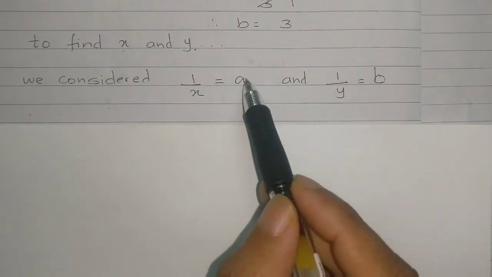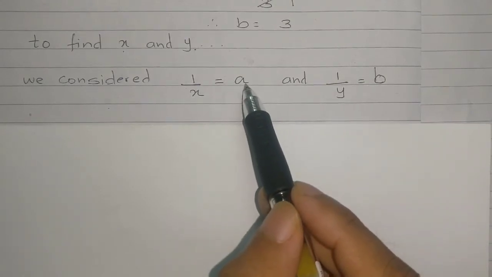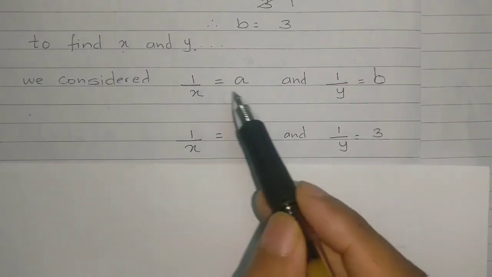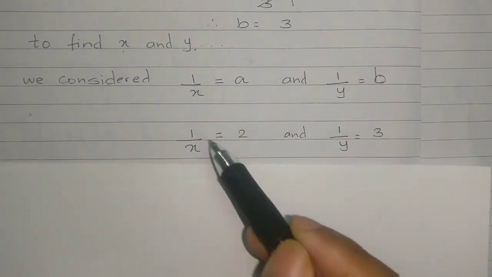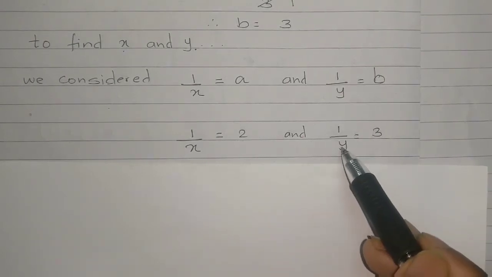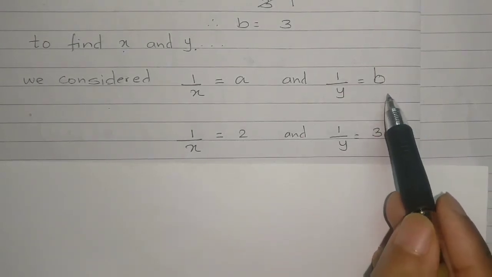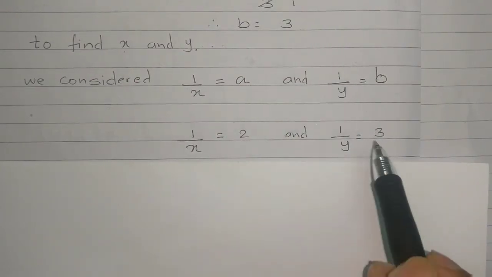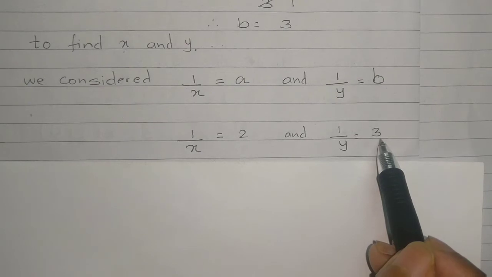Now what is my answer for a? A I have already calculated to be 2. So instead of a, I will write 2. So 1 upon x is equal to 2 and 1 upon y which is equal to b, but my b value I have already calculated to be 3.